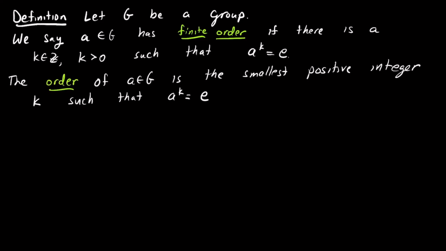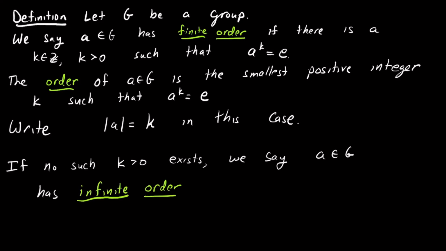The order of A is going to be the smallest positive integer k such that A to the k is equal to e. We'll use this absolute value notation, and say the order of A is equal to k in this case. And if no such k exists, so if there is no positive power of A that gives me back the identity, we'll say that A has infinite order.